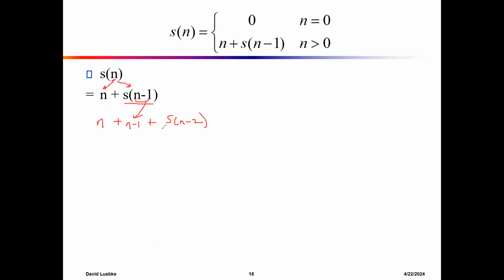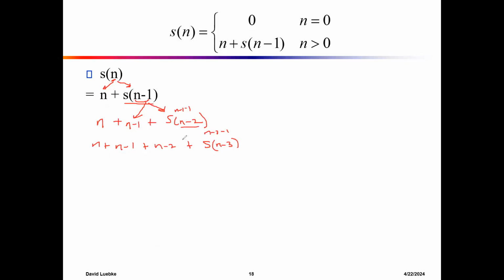If we keep going, we'll have n plus n minus 1 plus n minus 2 plus S of n minus 3, because this here is n minus 1, that's this value, minus 1, and this here is n minus 2, minus 1.